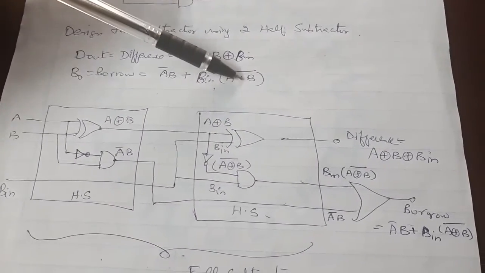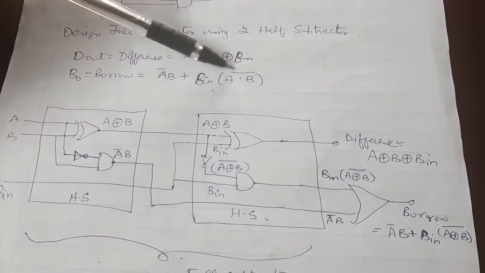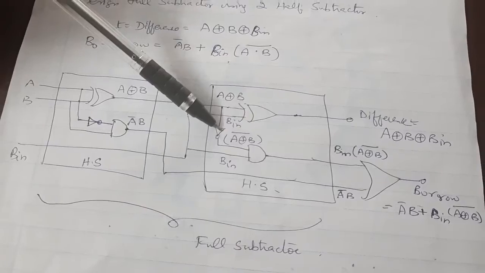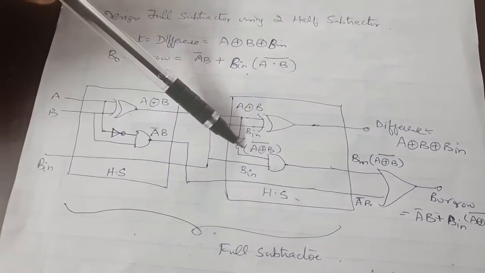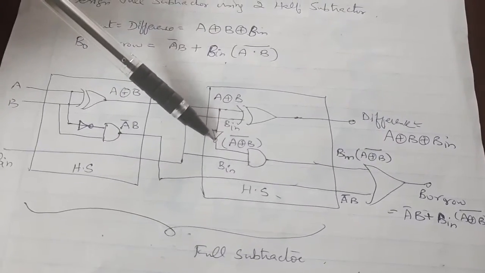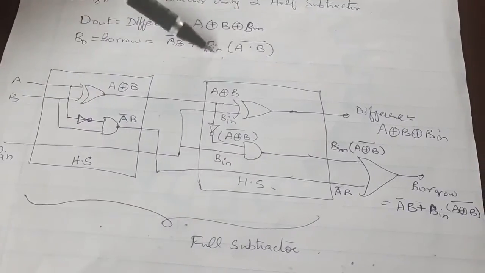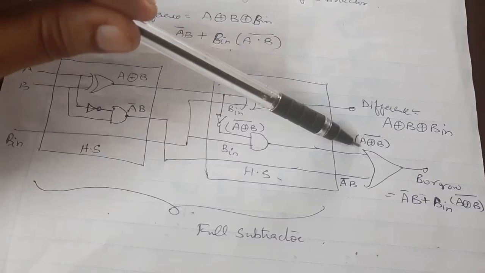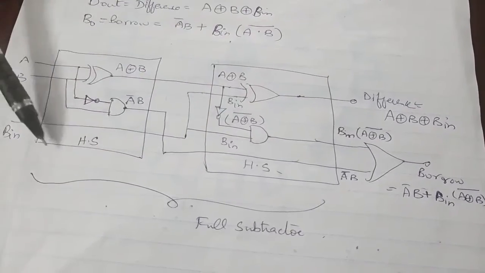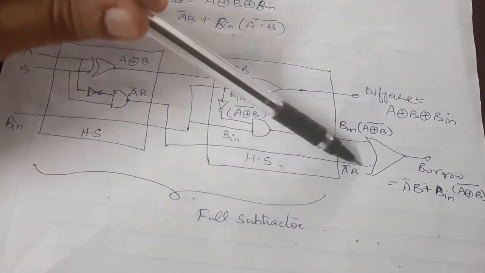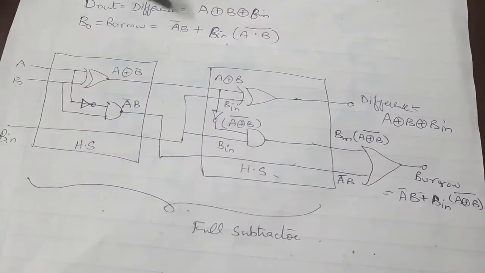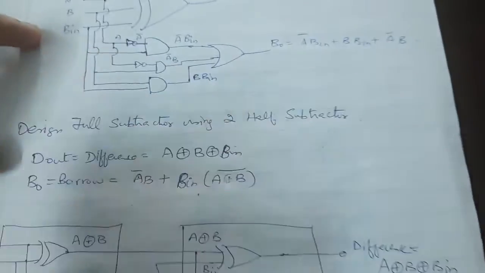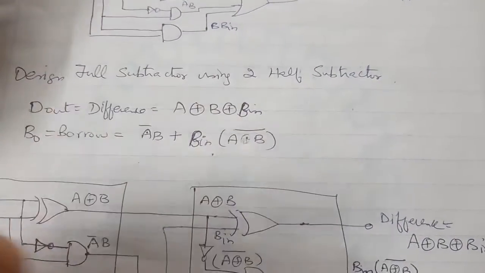So you get an exclusive OR, put a NOT gate on it, then you multiply with B in, so it becomes this AND operation and you get your output. This is multiplied with your previous borrow over here, so A bar B plus the exclusive OR operation circuit.